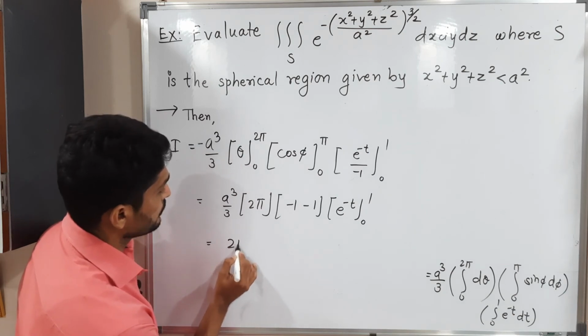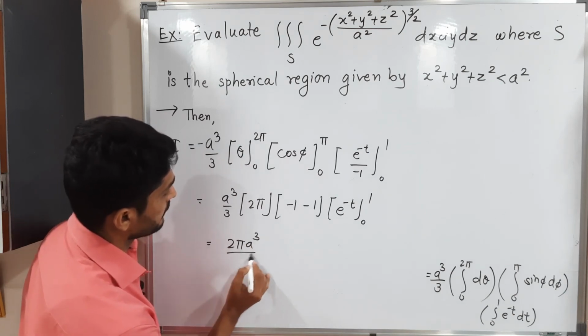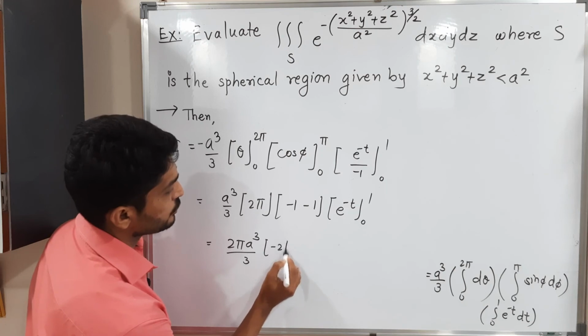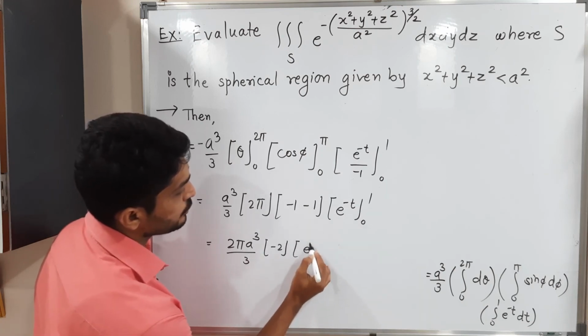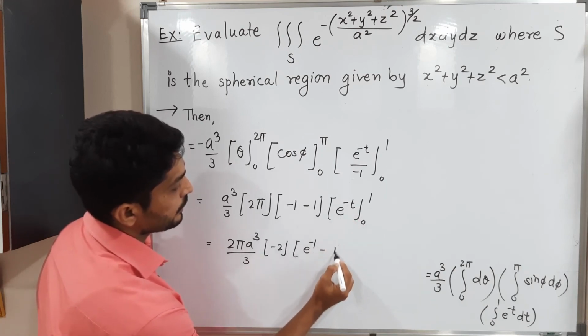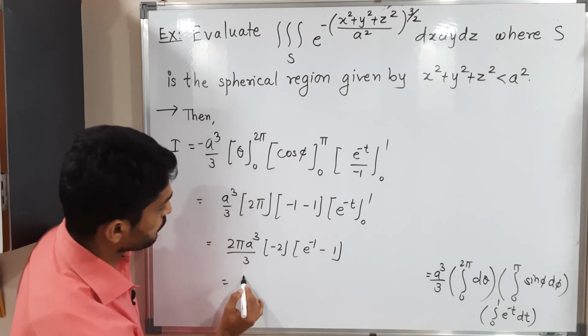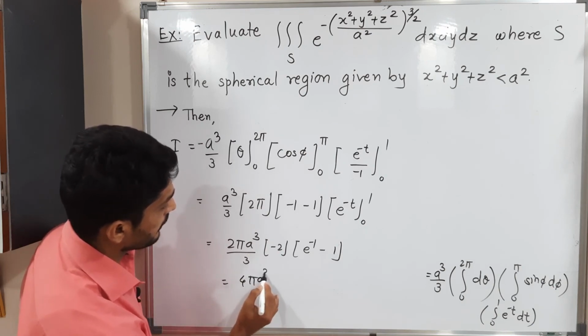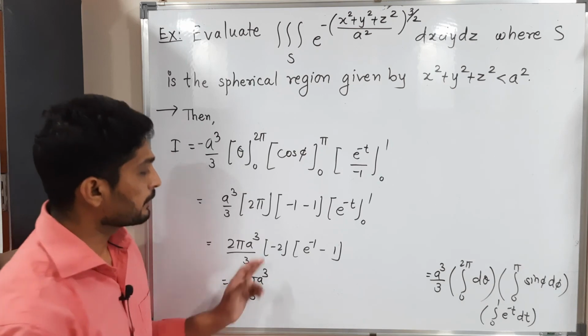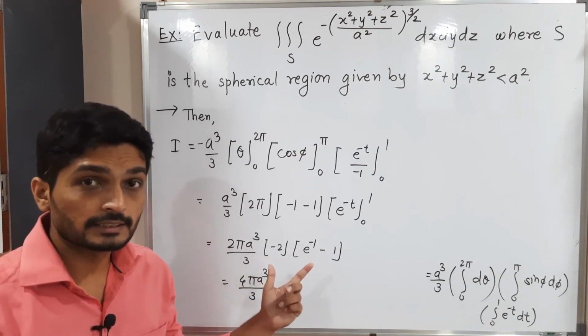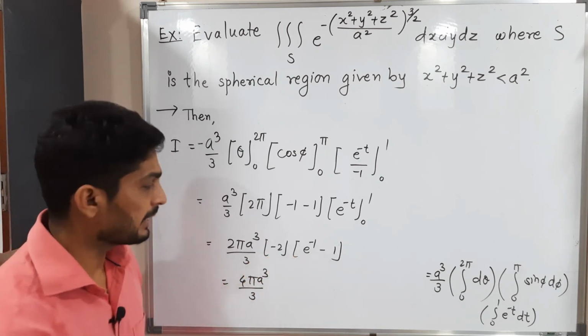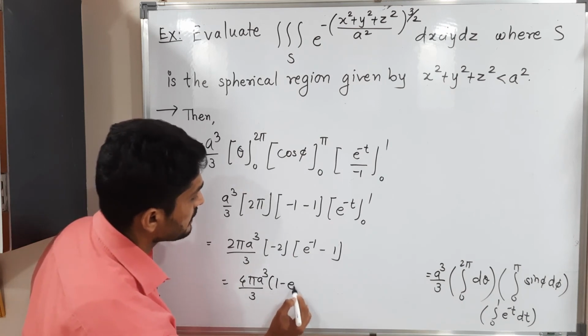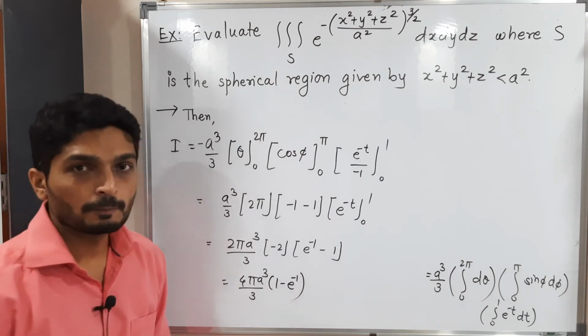This is 2 pi a cube by 3. This is minus 2. Okay, I am putting upper limit. e raised to minus 1. e raised to 0 is 1. So this is 2 into 2, 4 pi a cube by 3. Because of this minus sign, I will interchange them. So it will have plus sign, it will have minus sign. So 1 minus e raised to minus 1. So this is the required answer.